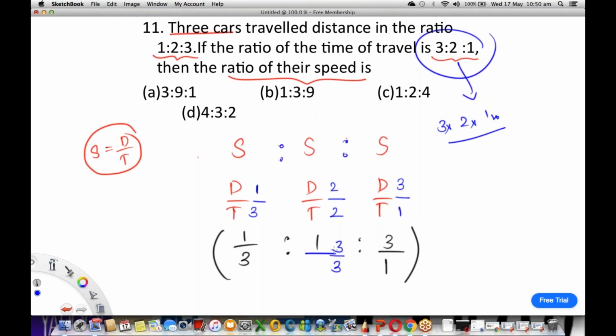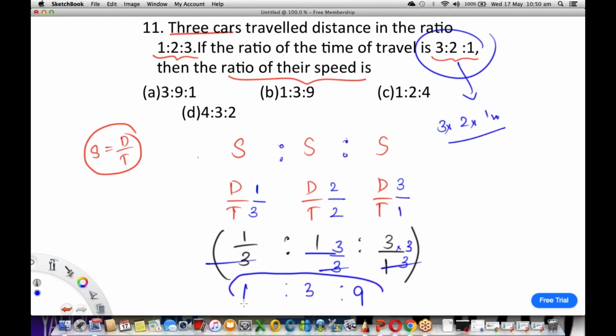I'm just multiplying and dividing with 3 so that there is no change in the value. And I want to make this denominator also 3, multiplying and dividing with the same value 3. Now if you look at the values, this will be 1 as it is, and all the denominators are 3 now, so all will be cancelled. This is 1, this is 3, and 3 times 3 is 9.